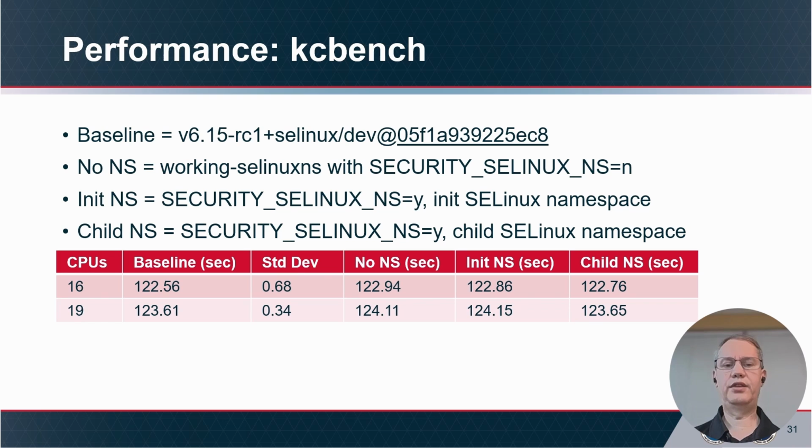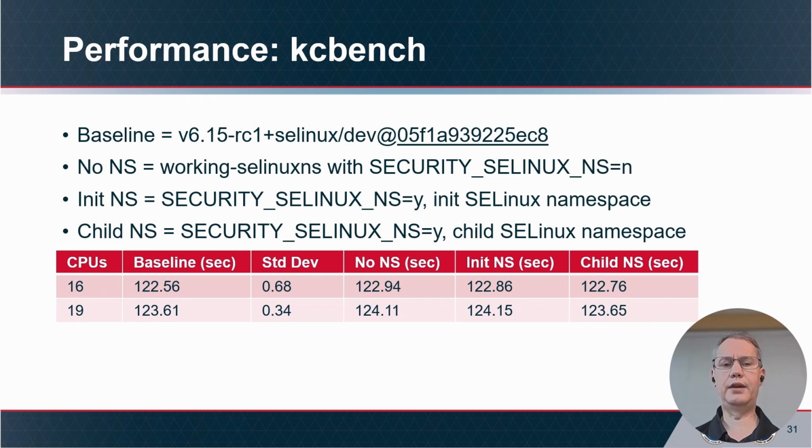The no NS kernel configuration consists of the same kernel with the SELinux namespace patches applied, but the kernel configuration option set to no, thus showing any overhead associated with just enabling the underlying infrastructure, but not yet leveraging it for SELinux namespaces.